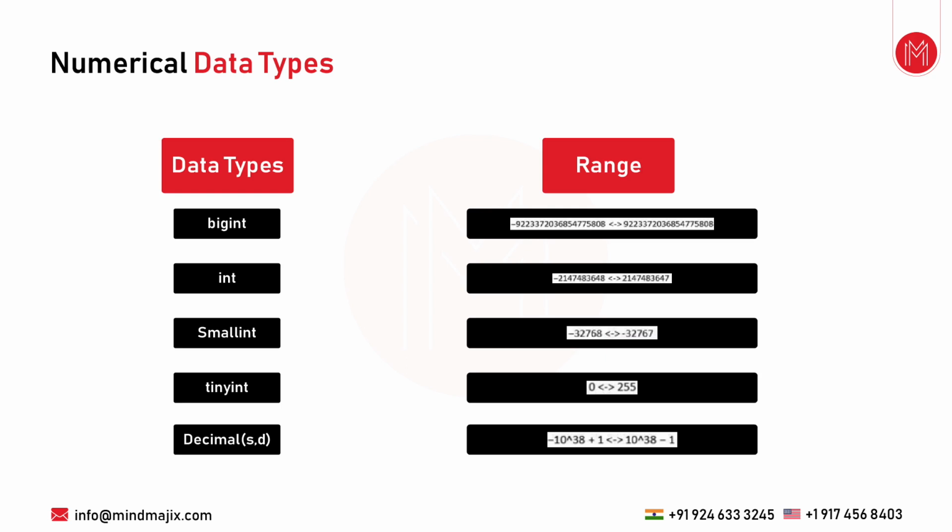So this is the maximum range, the maximum value that this particular data type can hold. Similarly, we have int, smallint, tinyint, and decimal, which hold different ranges in terms of the value of the record or the column for which the data type has been defined.